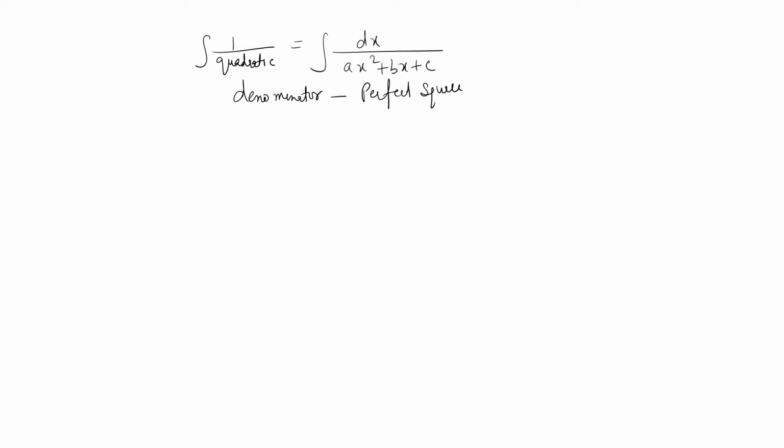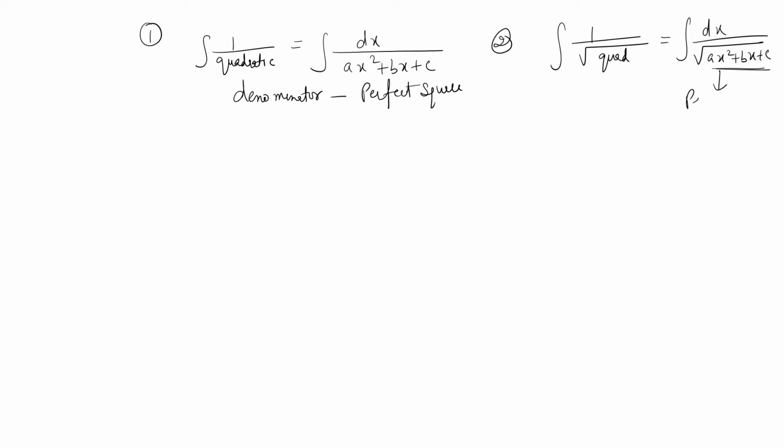The second form is integral 1 upon under root quadratic, which will be of the form dx upon under root ax square plus bx plus c. Here too I will reduce this quadratic to perfect square form, right?